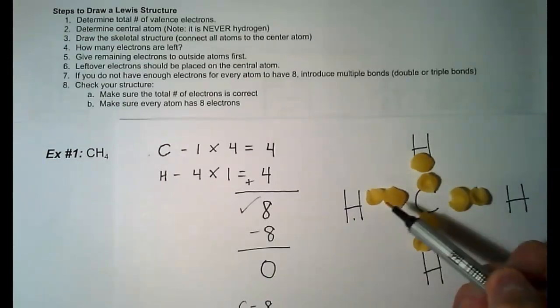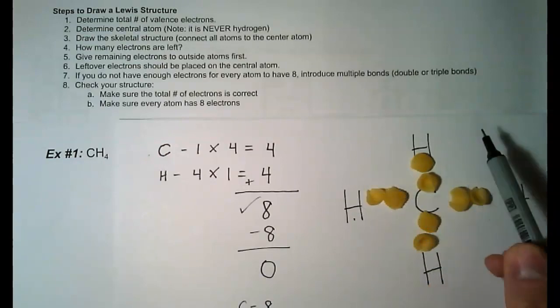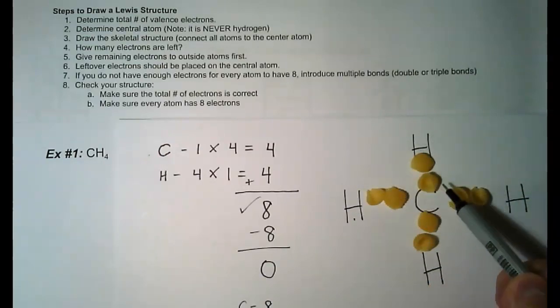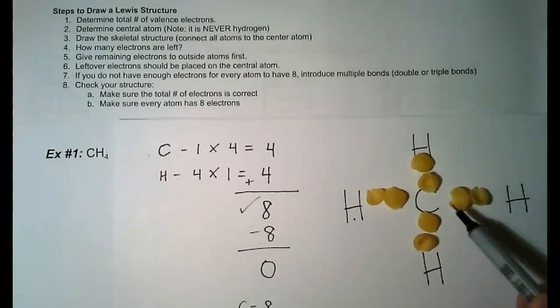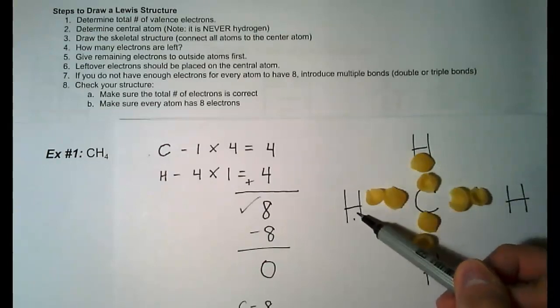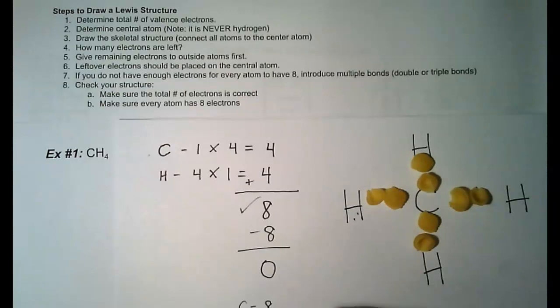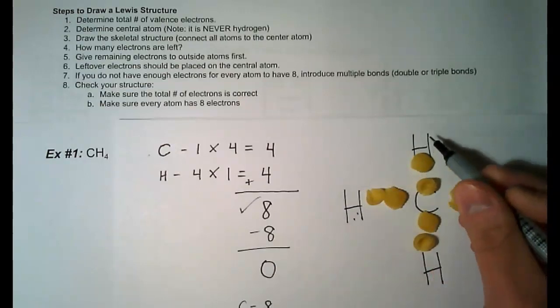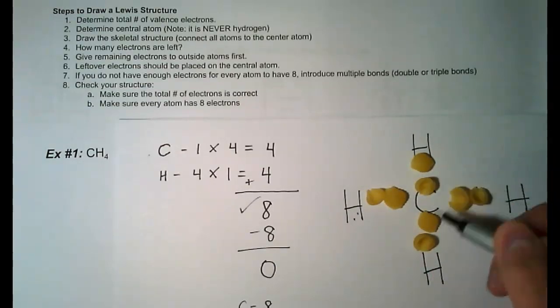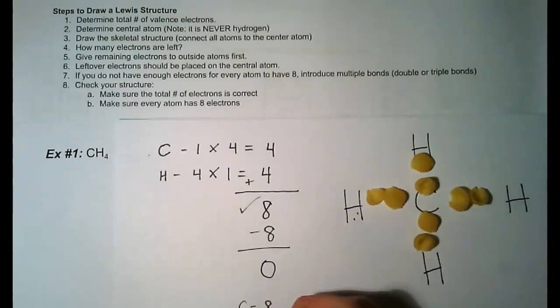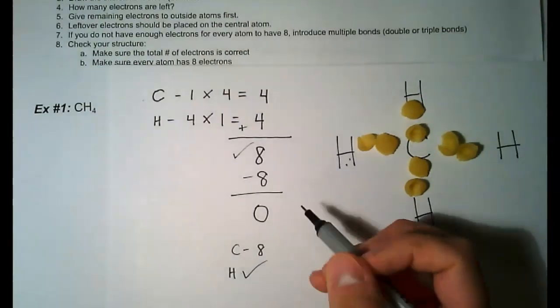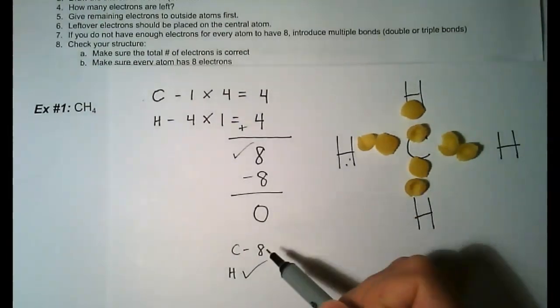So this hydrogen gets to claim these 2 electrons, and this hydrogen gets to claim these 2 electrons, and this one these 2, and this one these 2. So each hydrogen has 2, which is what hydrogen wants. So hydrogen is also good because all of the hydrogens have 2 electrons and carbon has 8.